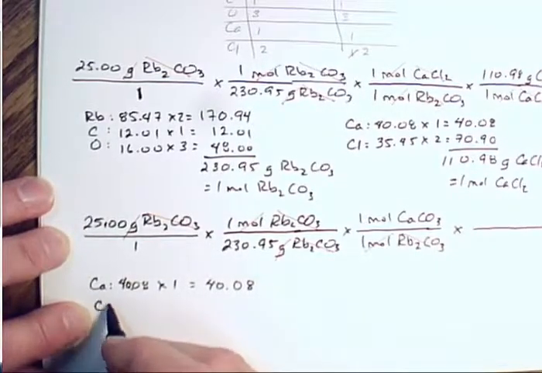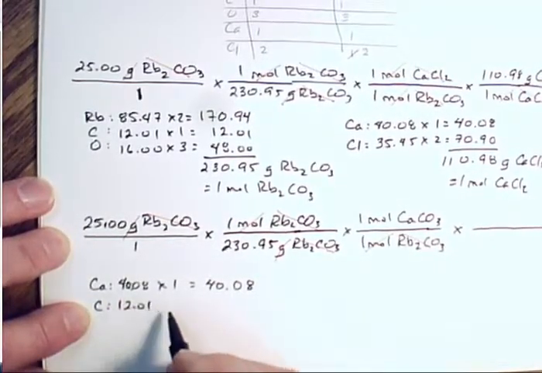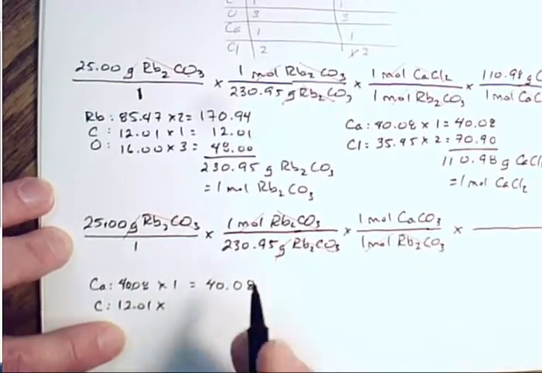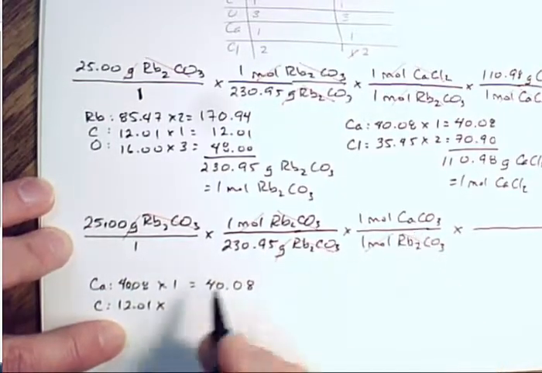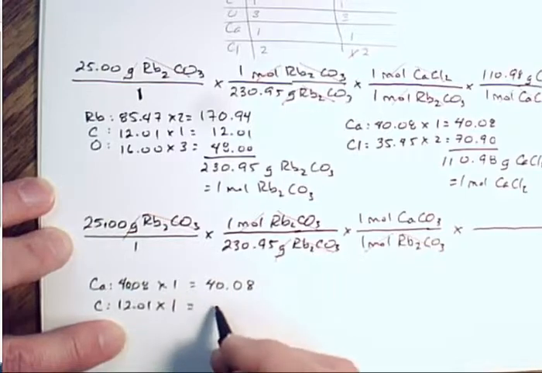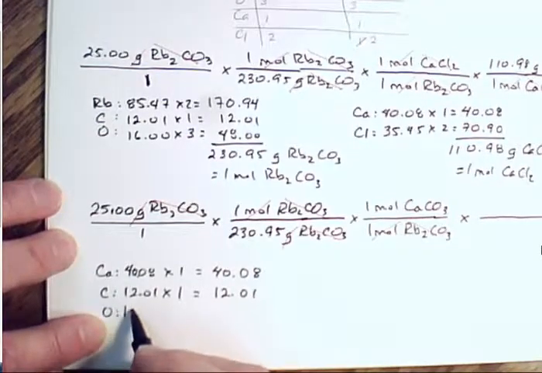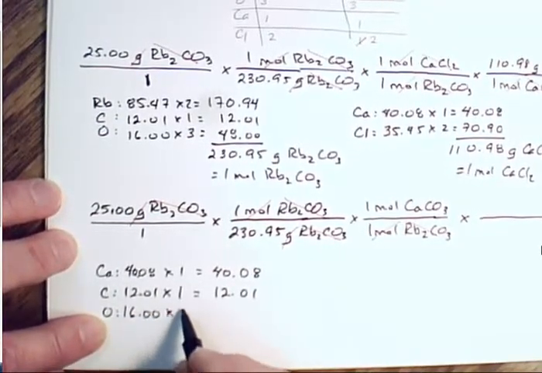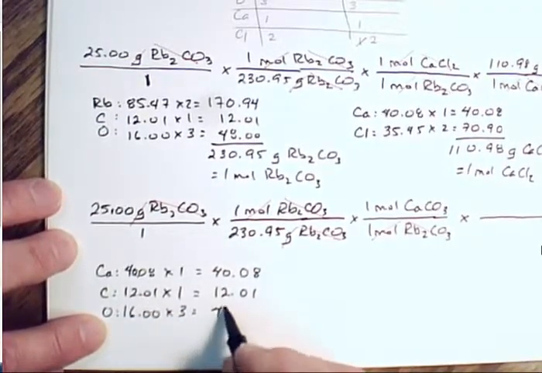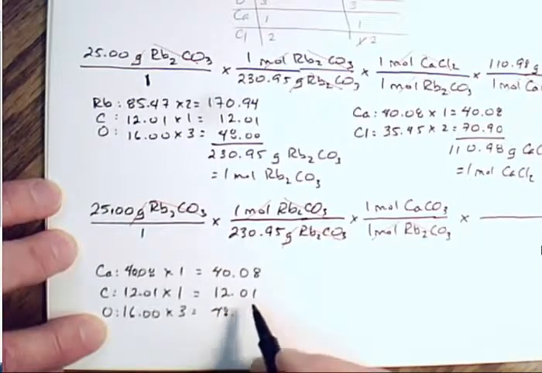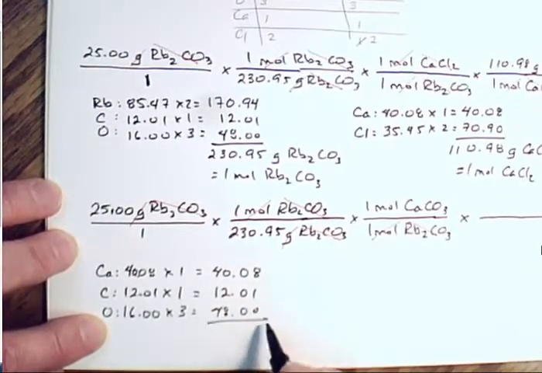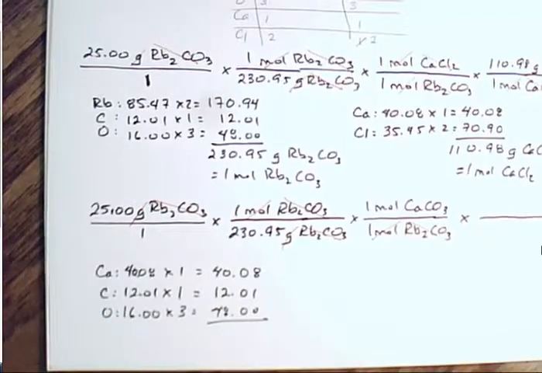And then we've got carbon, which has an atomic mass of 12.01 from the periodic table. We have 1 carbon there, so that's also 12.01. And then we have 3 oxygens. The oxygen's atomic mass is 16.00 times 3, and that's 48.00. And add all those together.